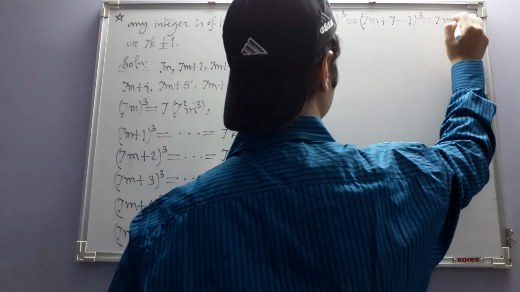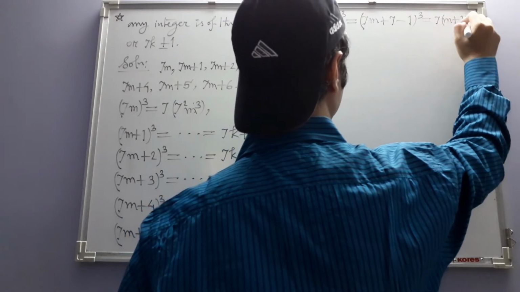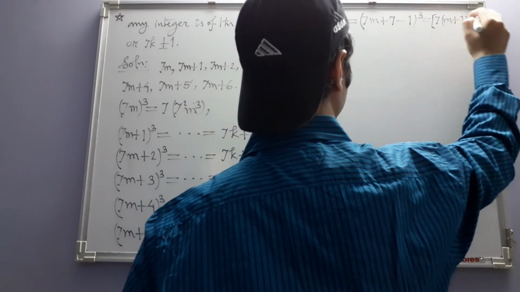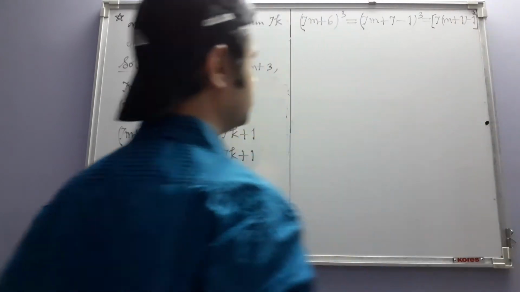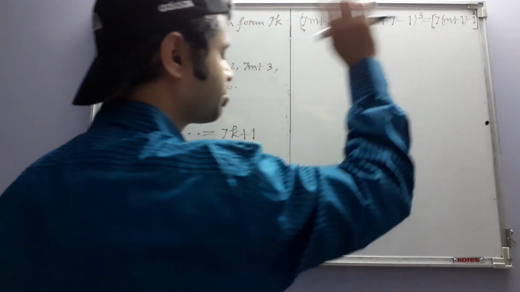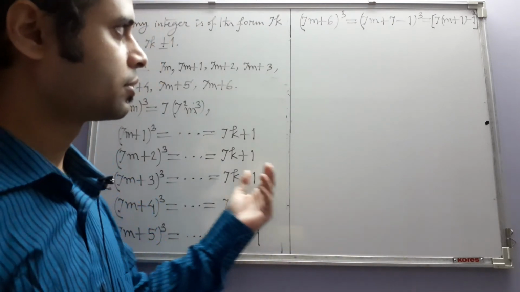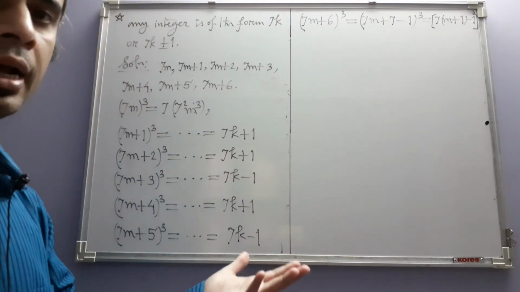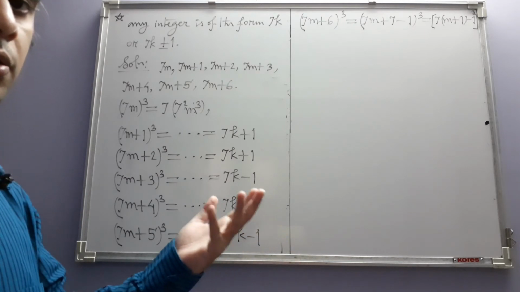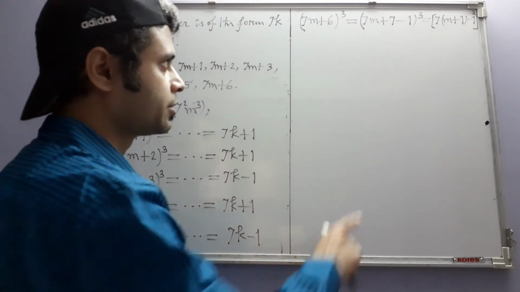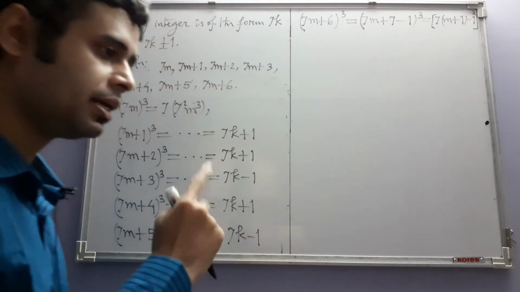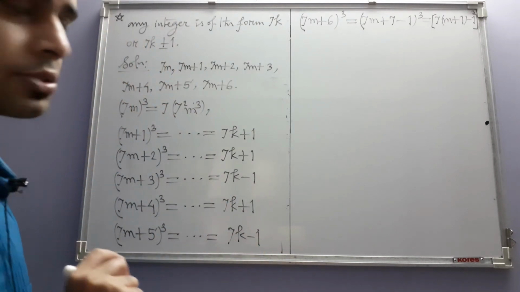So here we have 7 times m plus 1 minus 1 whole cube. Now if one expands this, except the last term, the other terms will all have 7. So they are all multiples of 7. And the last term is minus 1 whole cube, which is minus 1.